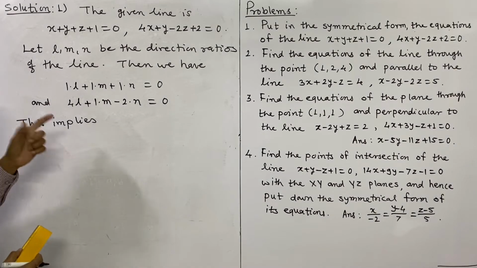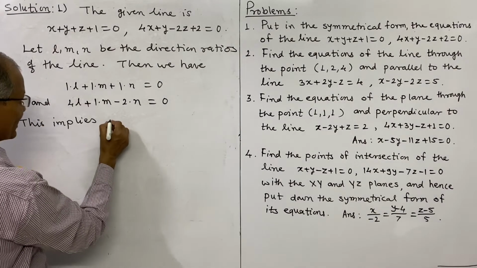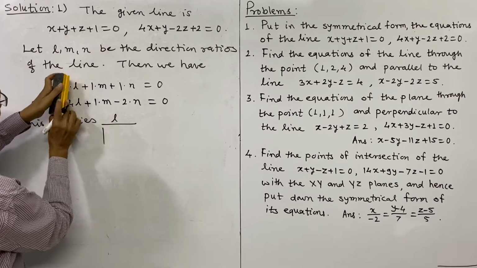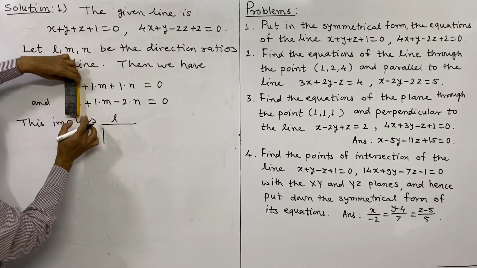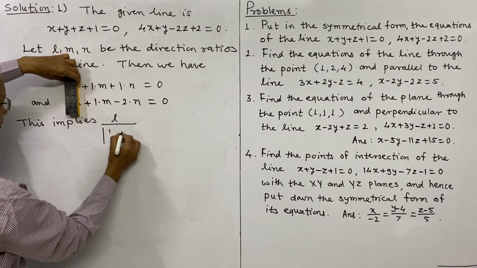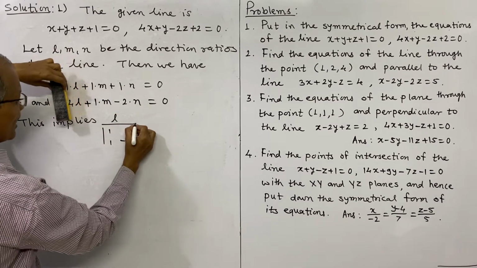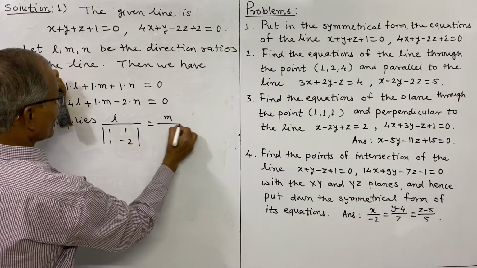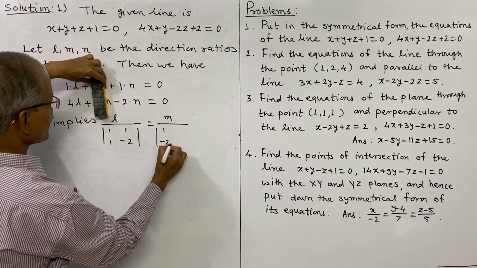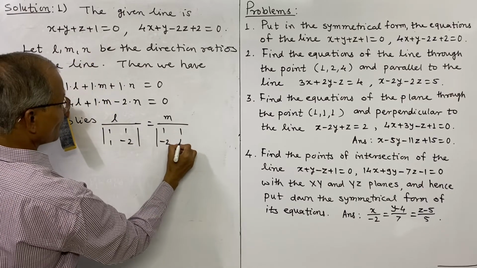So this gives L divided by the determinant, hide this first part, and then we get 1, 1, 1, minus 2. And this is M divided by, hide this one, write this column first, 1, minus 2, and then 1, 4.